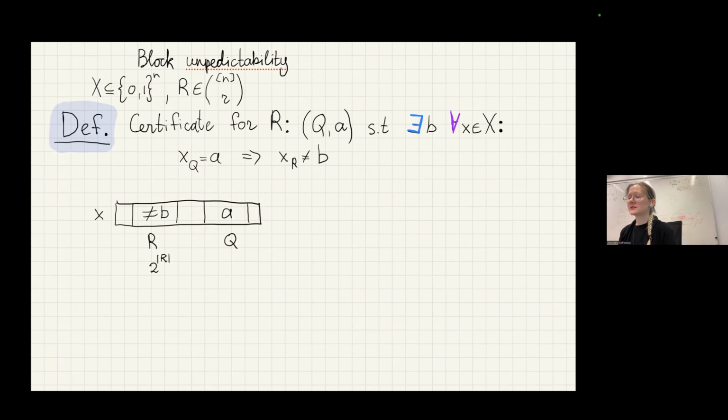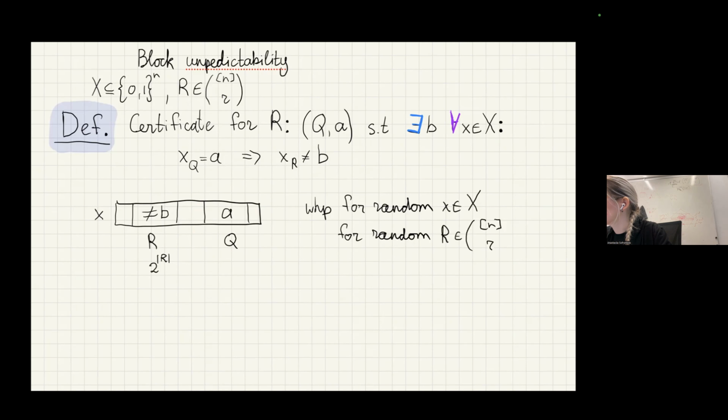So what we would like to have here is a statement of the same sort as for bit unpredictability, something like: with high probability for random string X from our set, and for random R, a subset of indices of size r, no certificates for R in X. So again, the setting is we generate a random string, and then we generate a random block of indices.